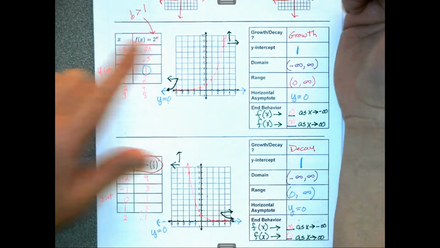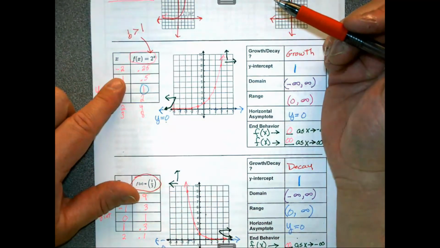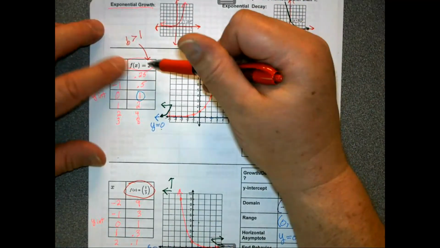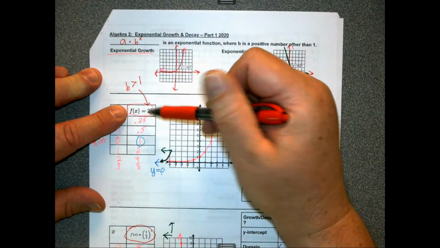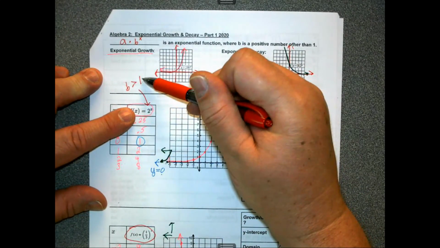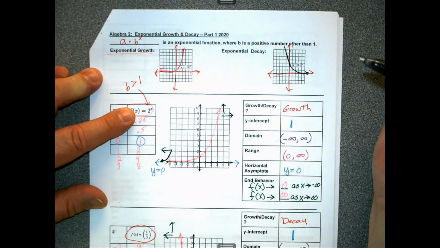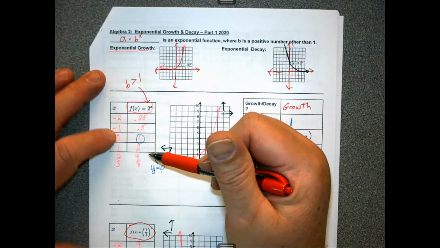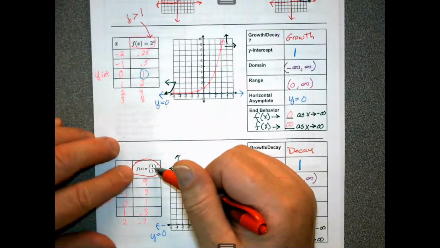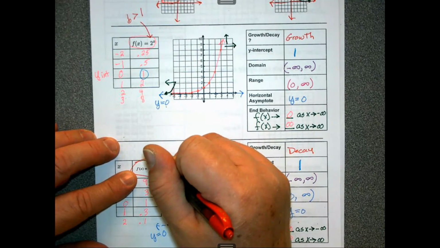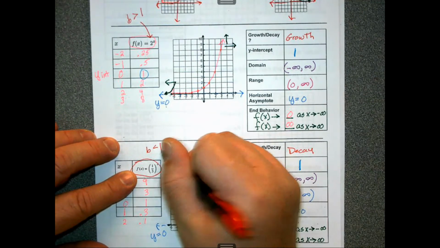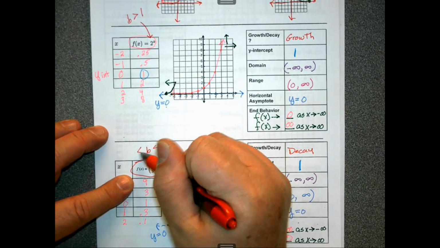Okay, so my B here, that's my B, then my B has to be greater than 1. The B for decay has to be less than 1, and not only that, it has to be greater than 0.